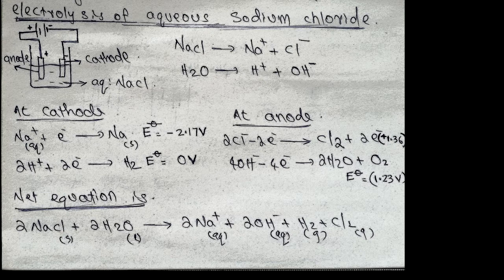So, here Cl minus changes to Cl2. Its E0 value is positive 1.36. Similarly, OH minus loses electrons and changes to water and oxygen.